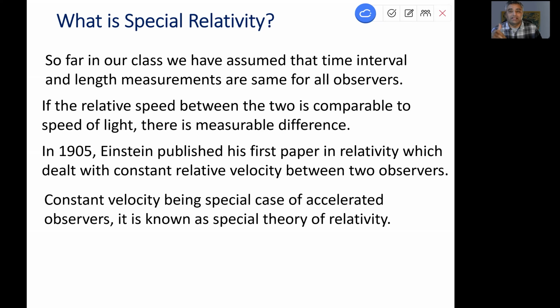So the special theory of relativity talks about the situation when the relative motion between two people or two objects is constant. The relative velocity is constant, okay? The objects are not accelerating with respect to each other.